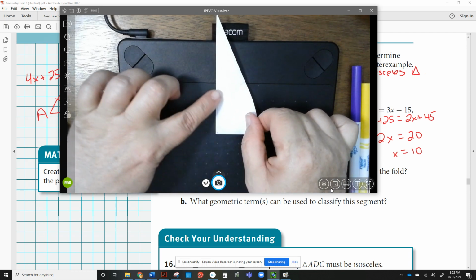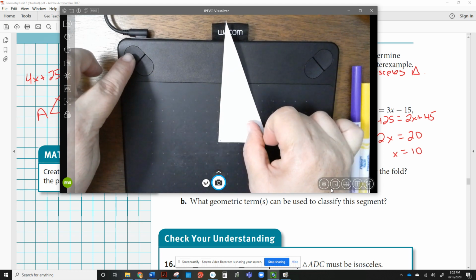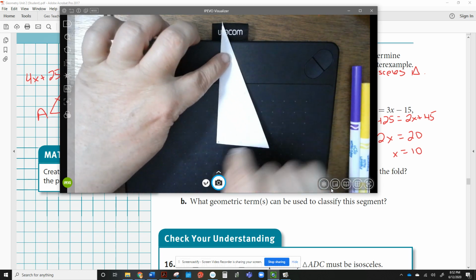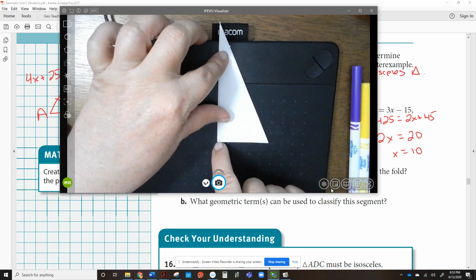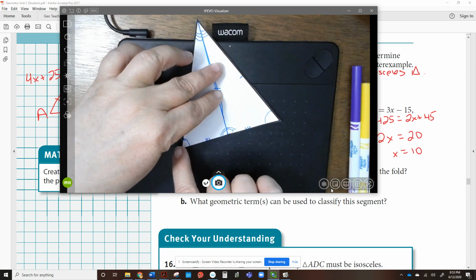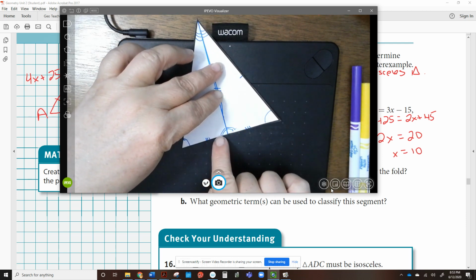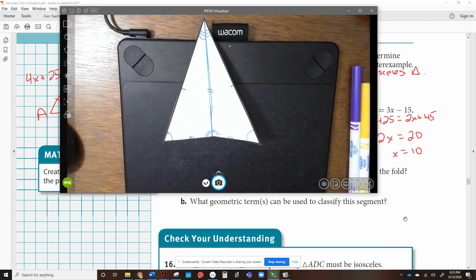It's perpendicular because it's pretty easy to see right there that the fold is perpendicular to the base. So we've got a 90-degree angle right there. And we already know that it bisects because this side maps over to this side. So they coincide, so that means they're congruent.